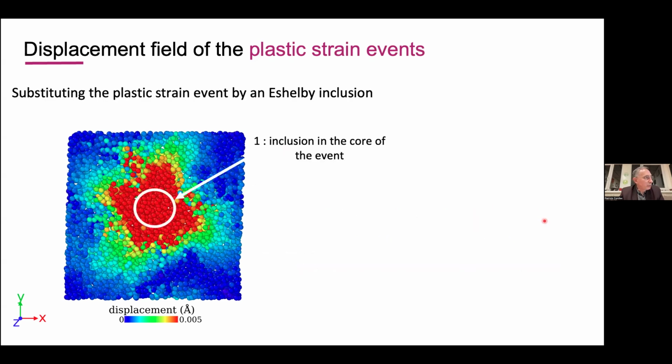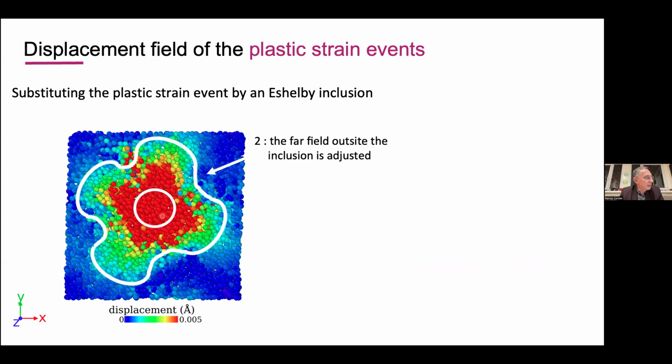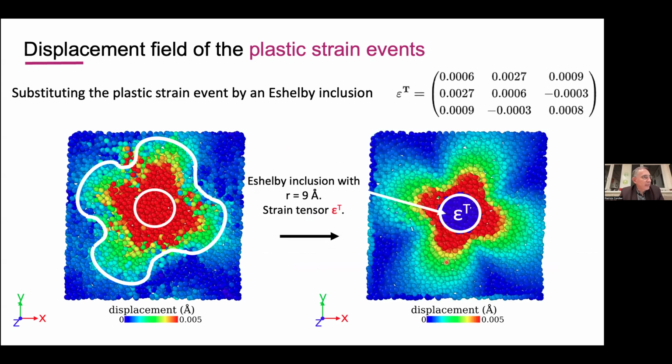So what we do is that we fit here an inclusion at the center of the plastic event. We adjust the strain so that we reproduce the far field of the strain, and then we have now a synthetic plastic event, but for which we know the elementary plastic strain.